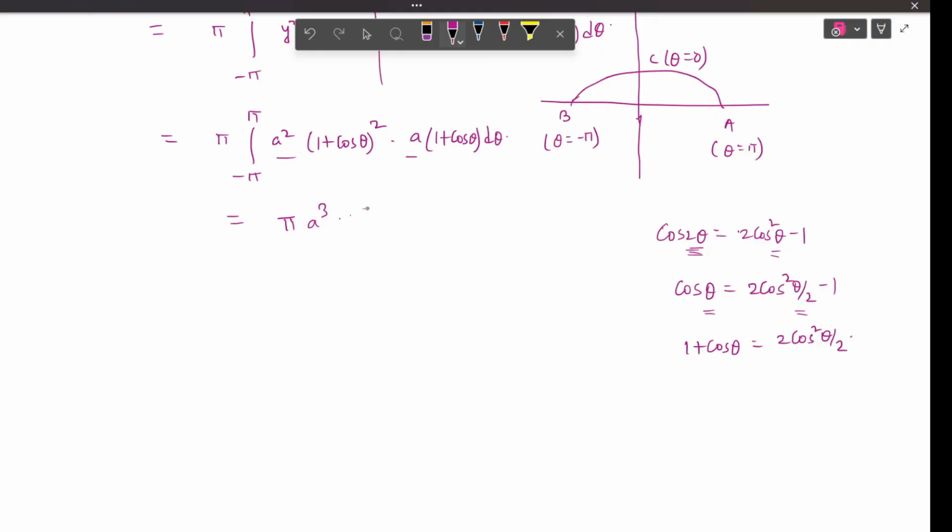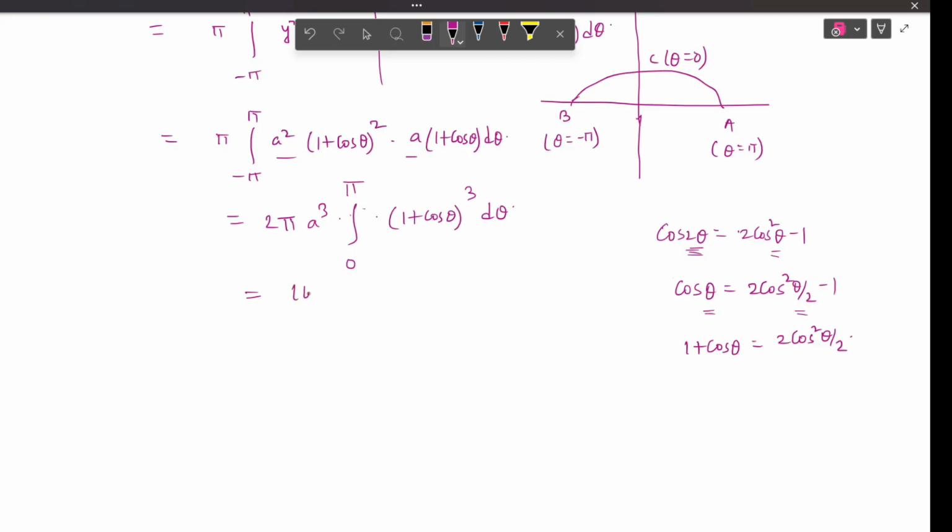So let me write it here, otherwise it will be confusing. Here we have minus a to a. So then we can say this is twice 0 to a. The function, it is (1 plus cos theta) cube d theta. And in place of 1 plus cos theta, we have to write this. So 2 cube would be 8.